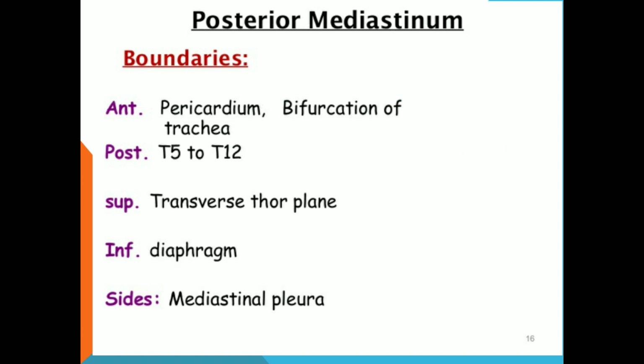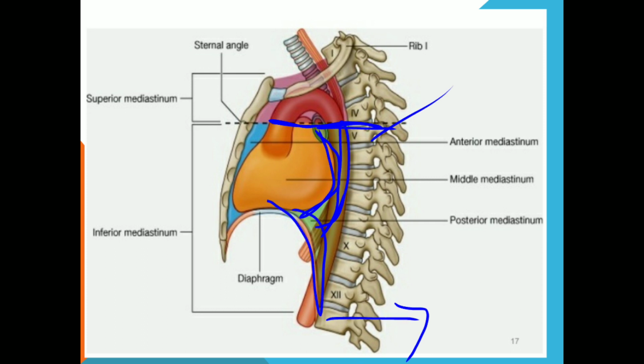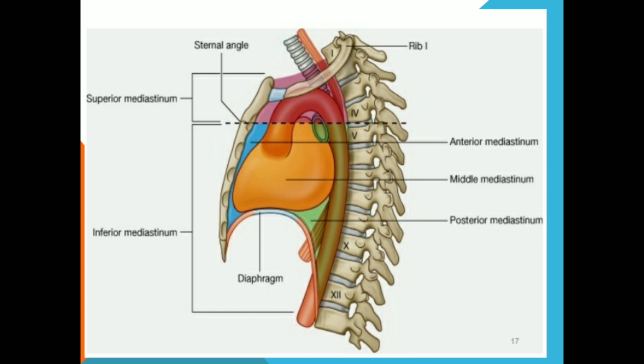So this is the boundary of the posterior mediastinum, where anteriorly it is related to the pericardium, posteriorly to T5 to T12 vertebrae, superiorly to an imaginary line, and inferiorly to the diaphragm.